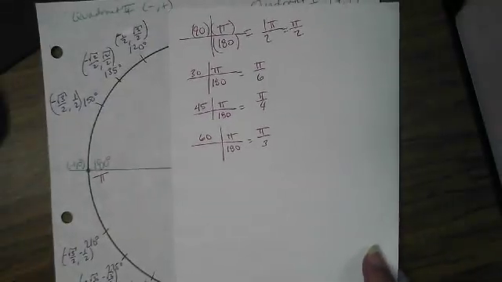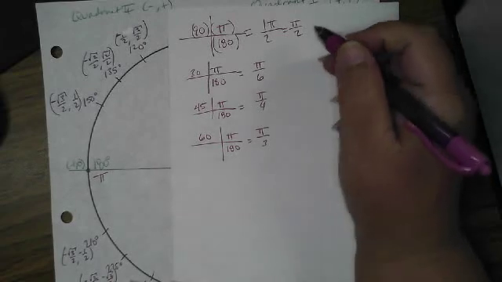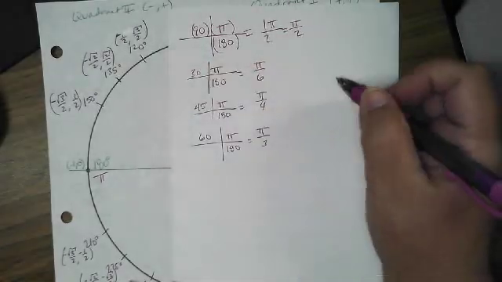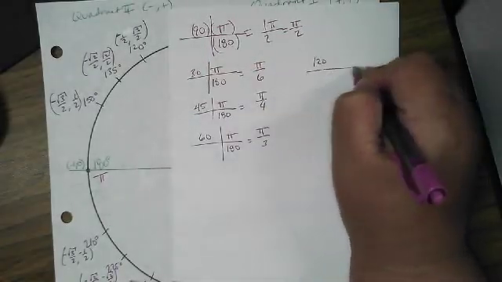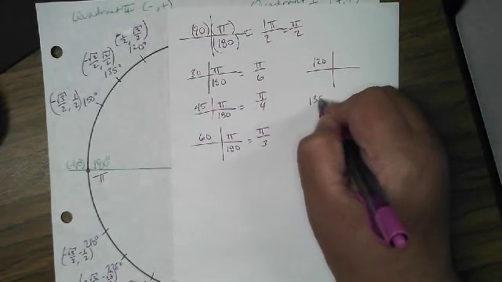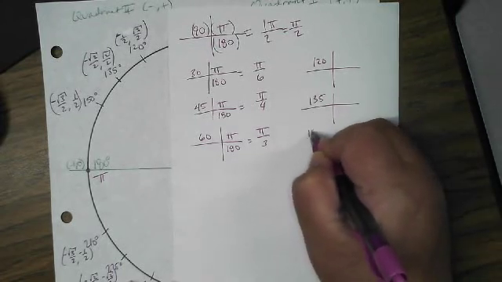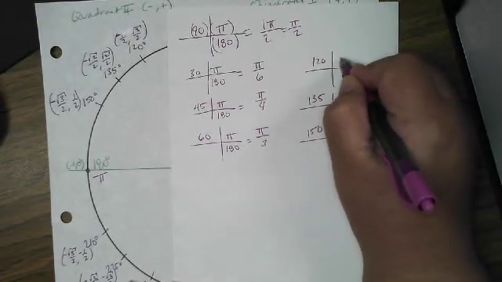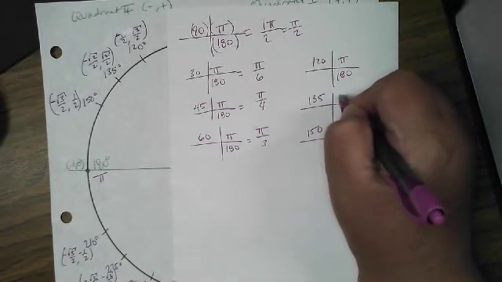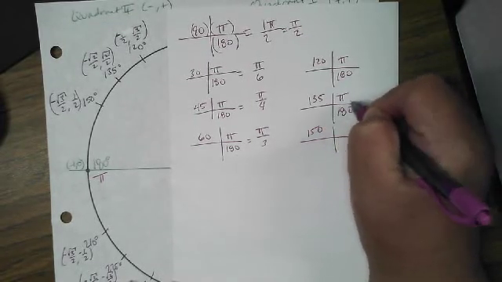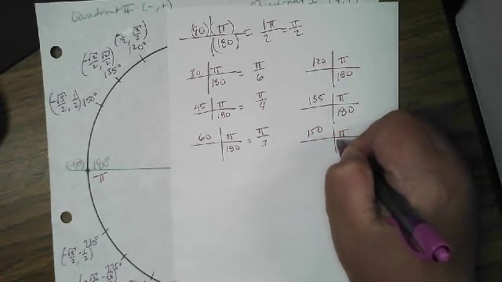So on this left side, we're going to do 120, 135, and 150. Again, pi over 180, because we're trying to find radians. When you're trying to find radians, the pi goes on top.